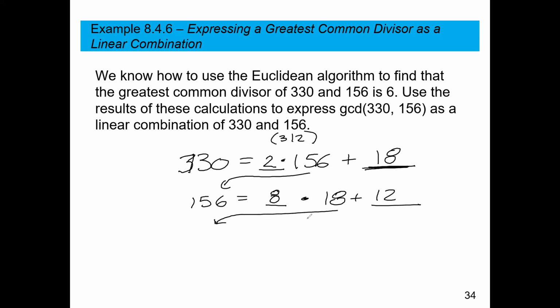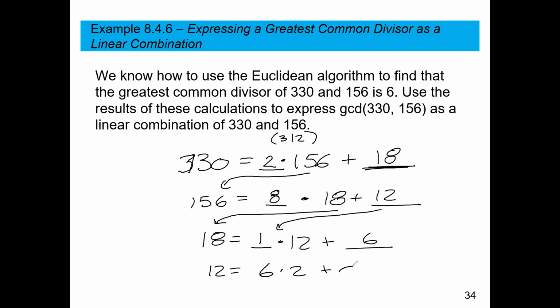Now I'm going to take those numbers again. I'm going to go 18 equals what times 12 plus what? That's clearly 1 plus 6 more. And 12 equals 6 times 2 plus 0. So when you get a remainder of 0, the previous remainder is the greatest common divisor.